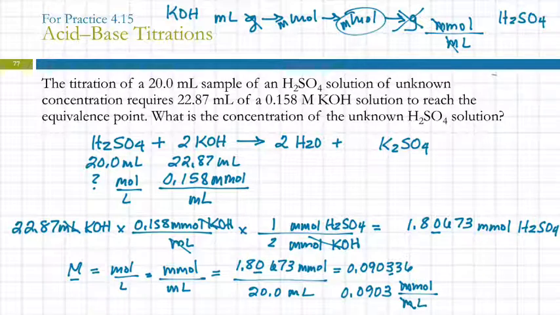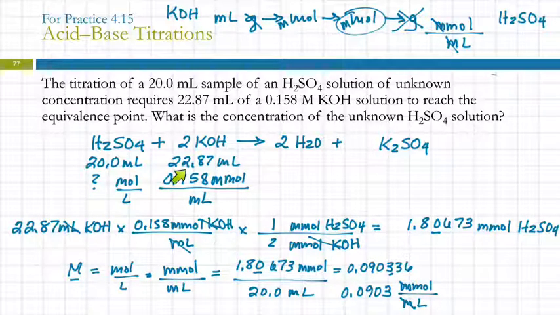You should make it micromoles. Yeah, we could do micromoles or megamoles or anything we want. But at the beginning, if we changed 20.0 milliliters and 22.87 milliliters to liters, it would still work out the same, right? You'll get the same result.